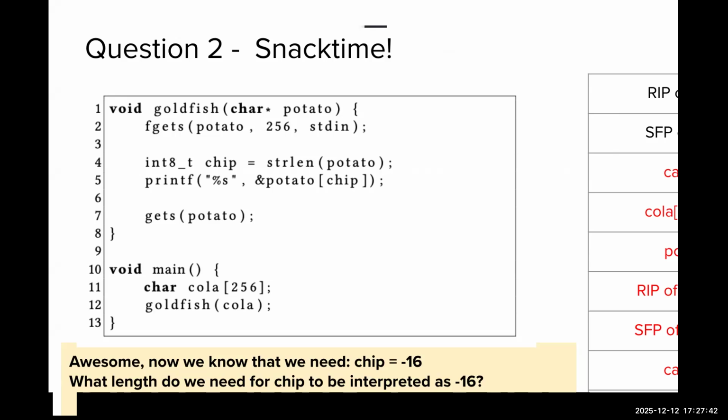And then 1 0 0 0 0 0 0 1 is 1 greater than that. So if we want a negative 16, there's going to be a lot of ones in that number, which means it's a really big number when interpreted as an unsigned integer. That intuition should hint you towards the fact that it should be really close to 256.